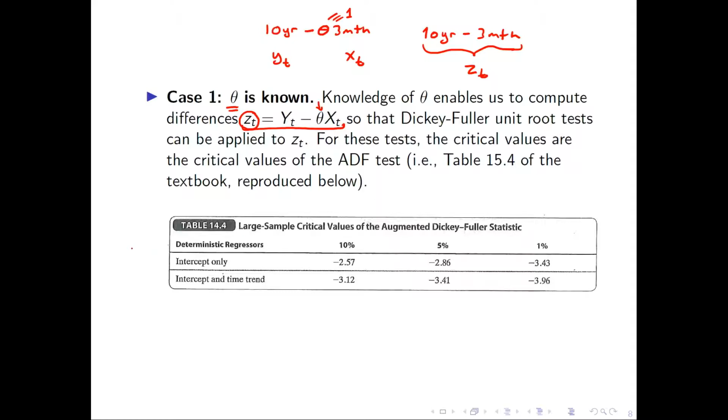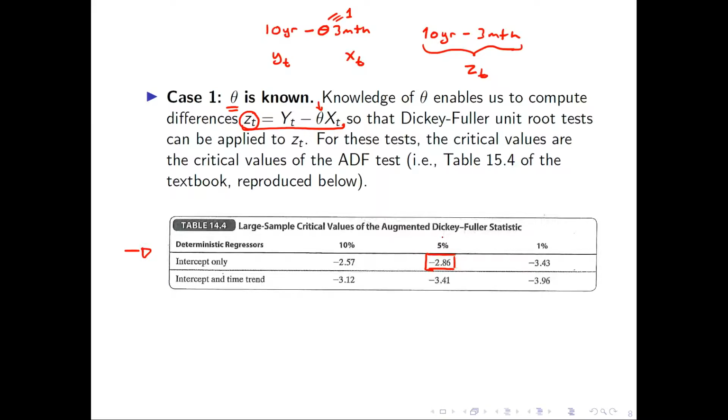So then you would just use this table to investigate whether or not your ADF statistic, your Dickey-Fuller statistic, is more negative than the critical value.